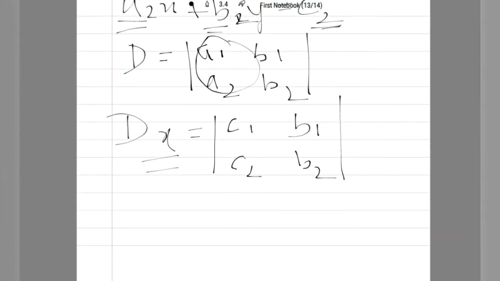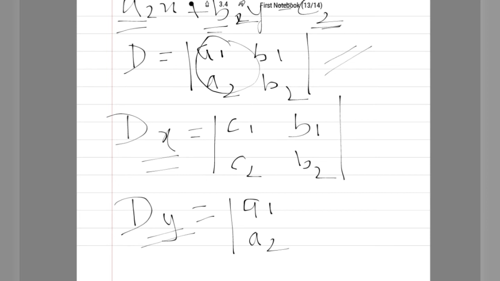Next we have to write the determinant dy is equal to. For finding the determinant dx we replaced the values of coefficients of x. Now we have to replace the values of coefficients of y because we are finding the determinant dy. So keeping a1 a2, we replace the coefficients of y by the constants, that is c1 and c2, in this generalized d, not in the previous one.